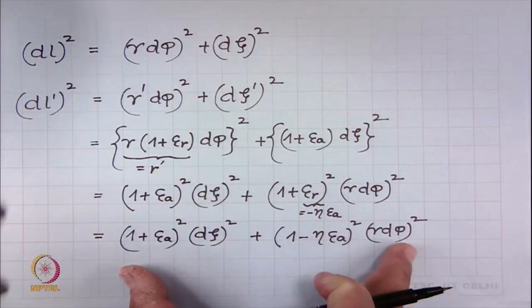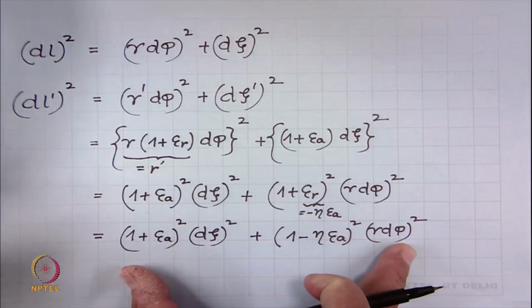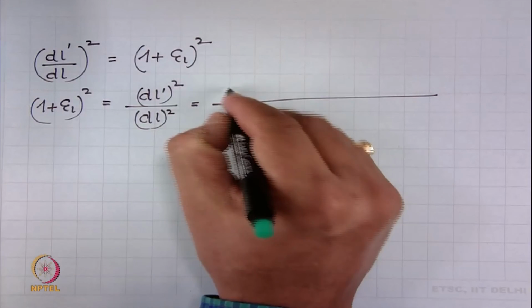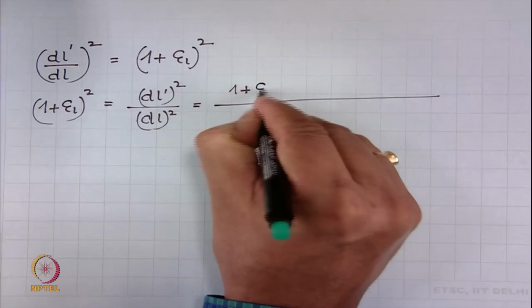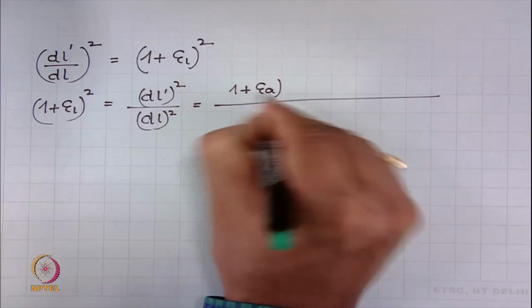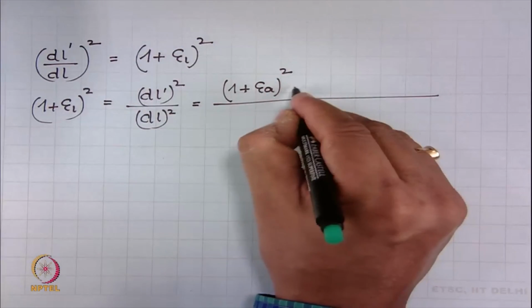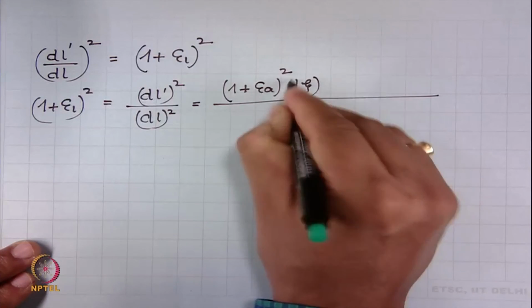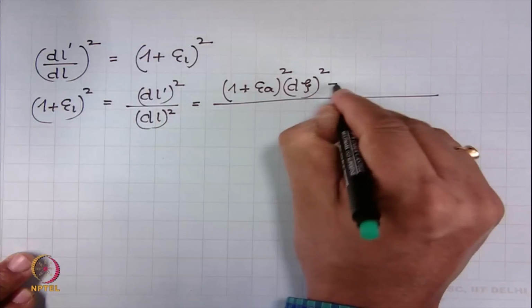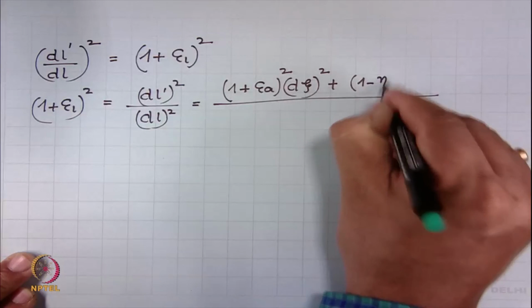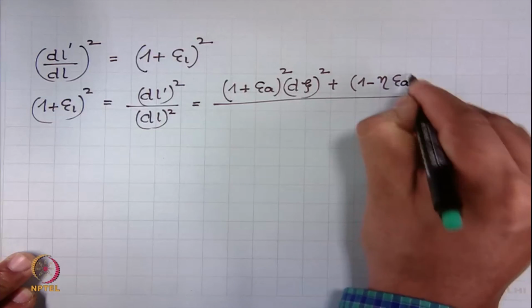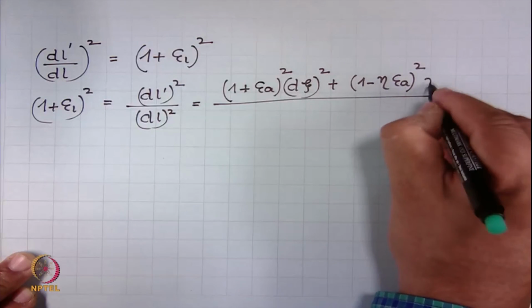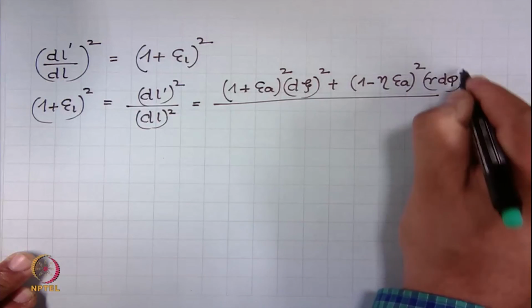So, we write this in the numerator: 1 plus epsilon a squared plus 1 minus eta epsilon a squared r d phi square.